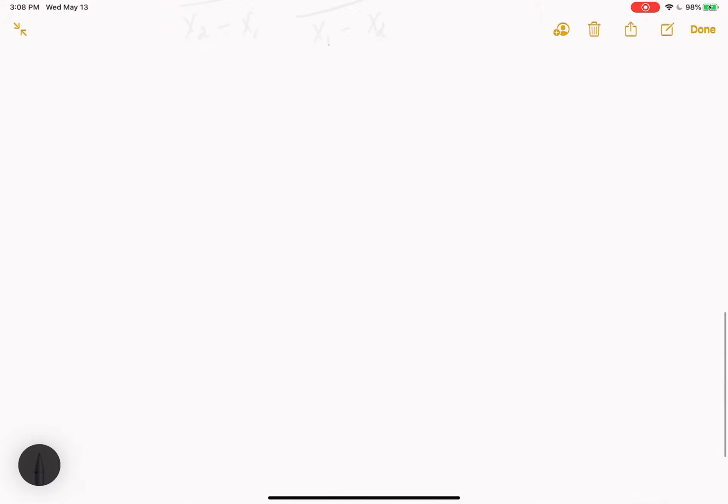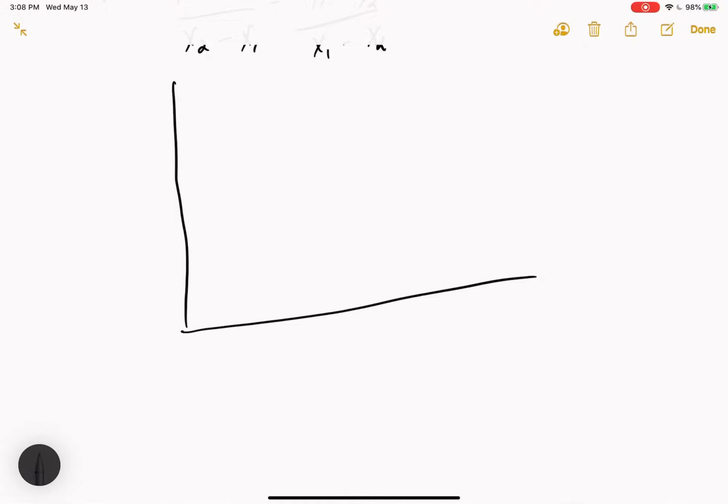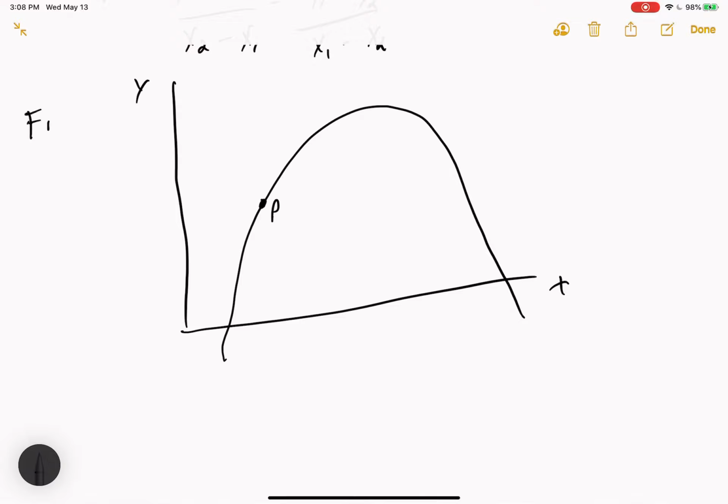So let's start with a big old graph. We'll call this x, call this y. Let's define this curve like this. Here will be our P, and we're going to fix it. Fix P means we're not letting P change at all. We're not going to let it vary.